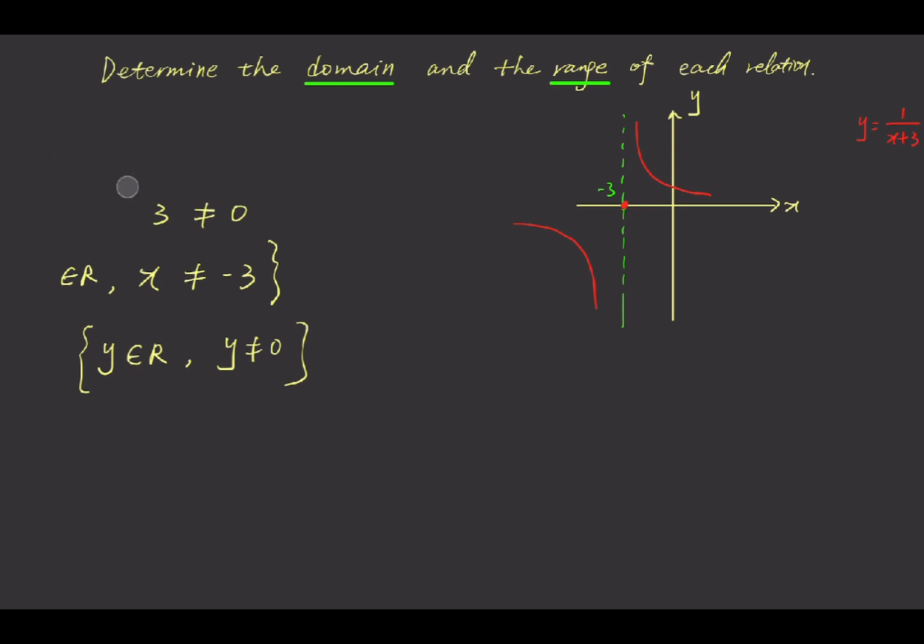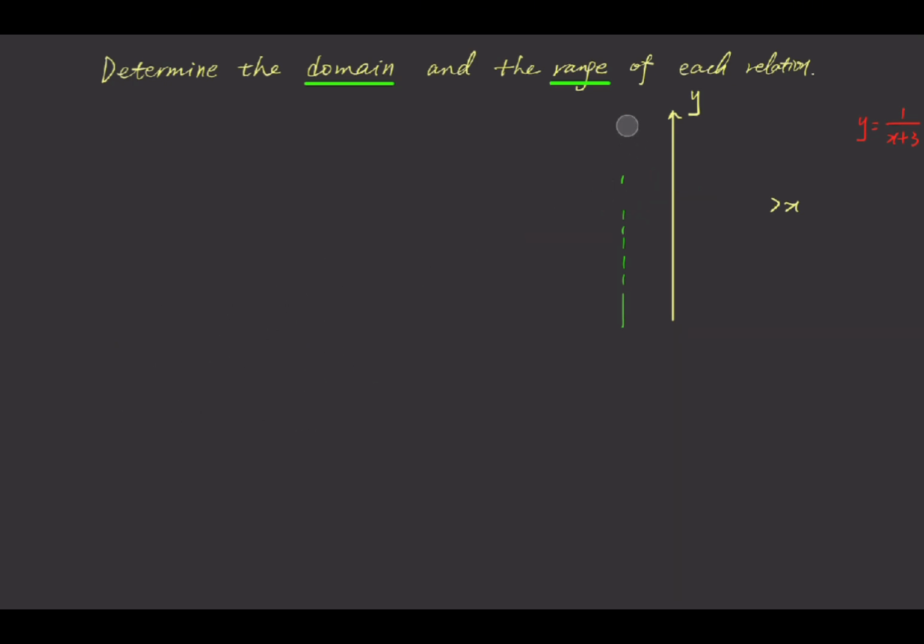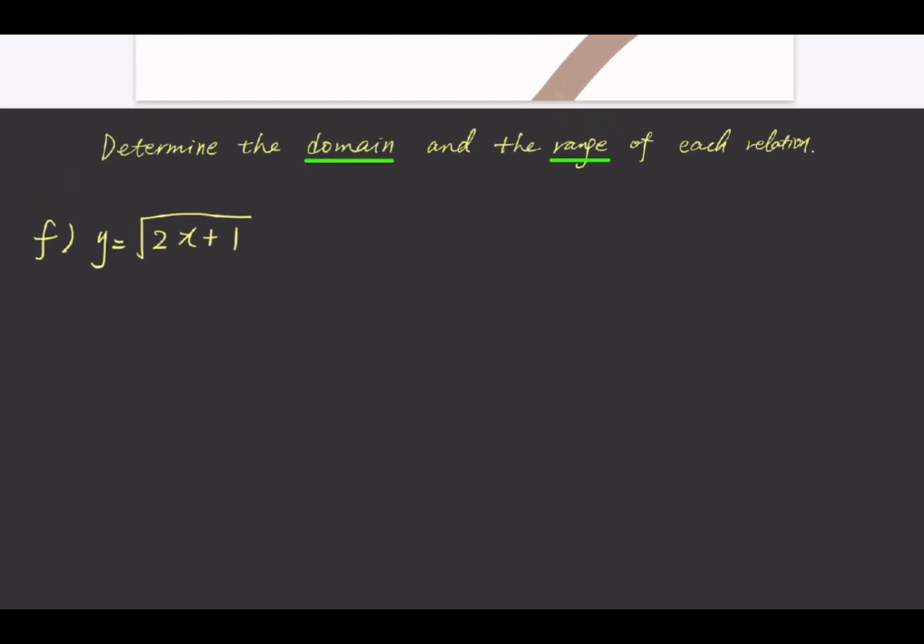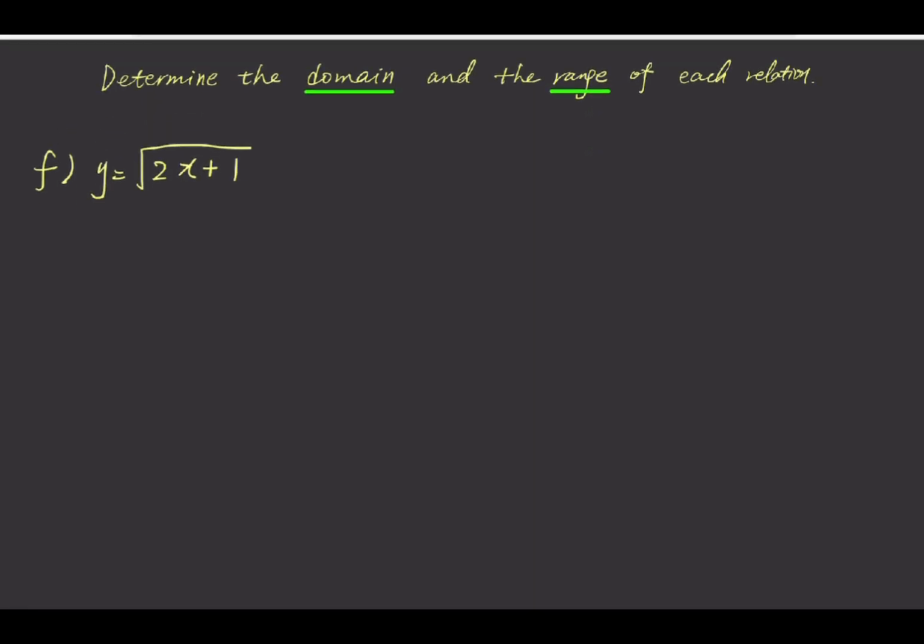Next, question F. y equals the square root of 2x plus 1. Because we know under the square root, 2x plus 1 must be a non-negative number, so it should be greater than or equal to 0. So 2x is greater than or equal to negative 1, x is greater than or equal to negative 1 over 2.